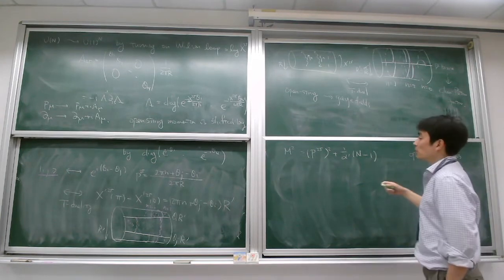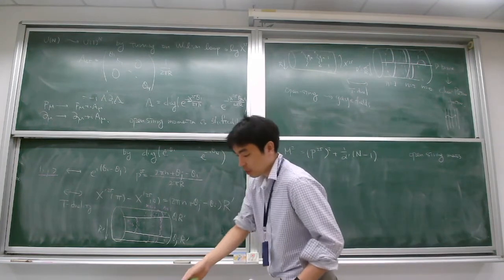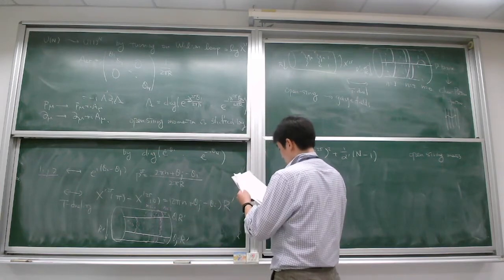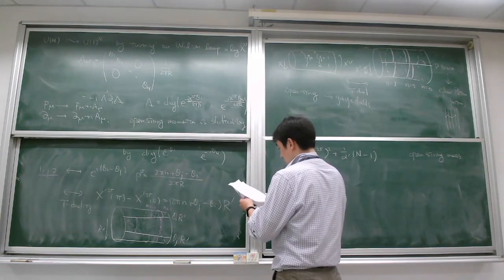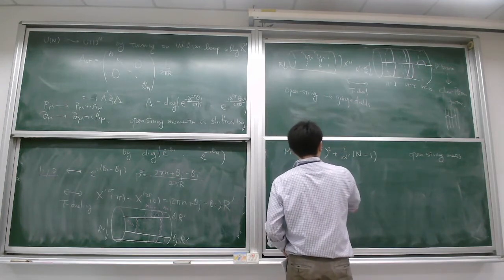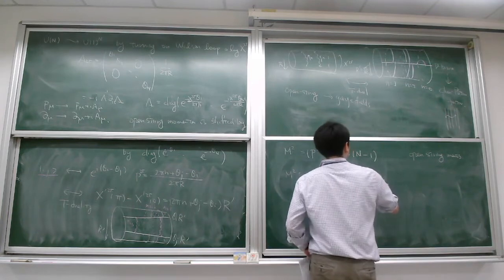The difference with the closed string is, as I mentioned, that the closed string mass used to be something like this one, 4 over alpha prime times N minus 1. So this is the closed string.